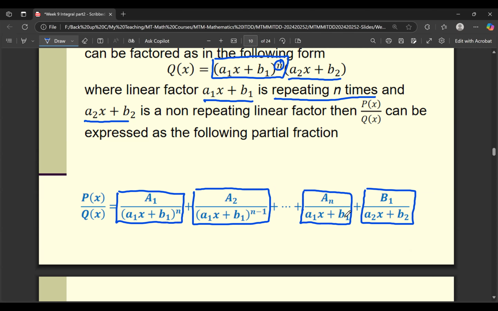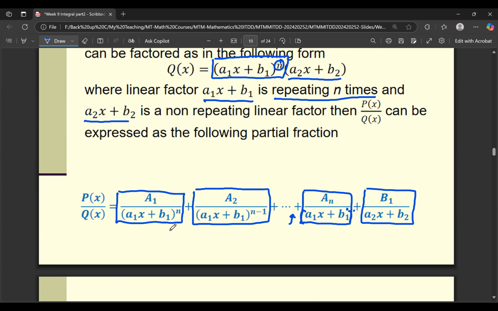For the repeating, this is power of one, this is power of two, and so on, up to power n minus one.